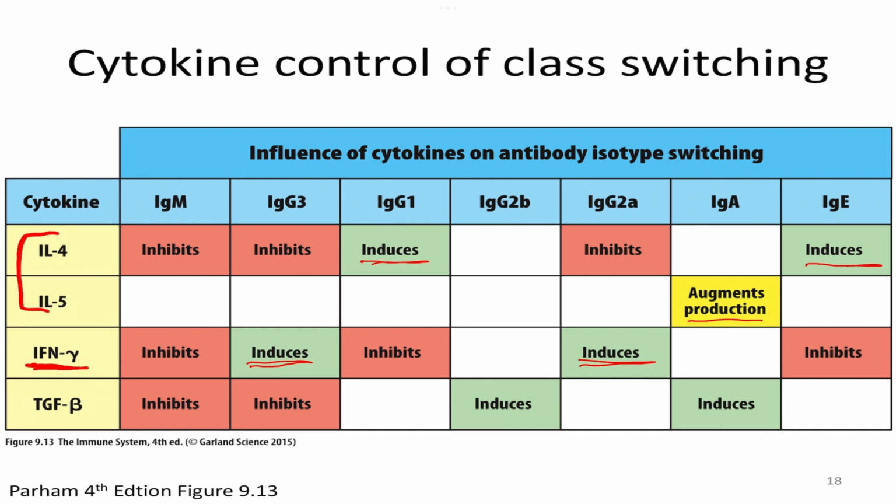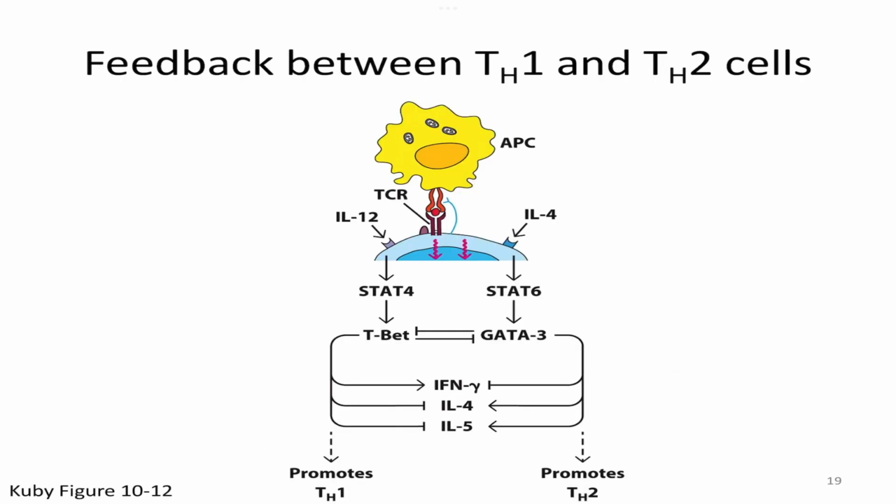There's one other thing that was understood in our initial understanding of helper T cell subsets. And that is the idea that helper T cell subsets don't act in isolation.